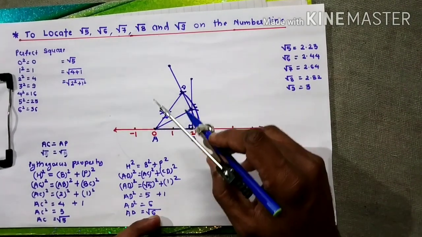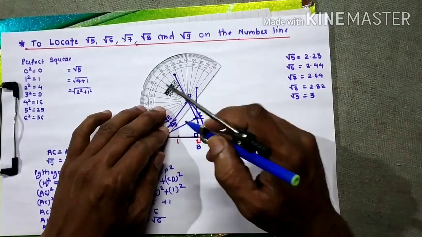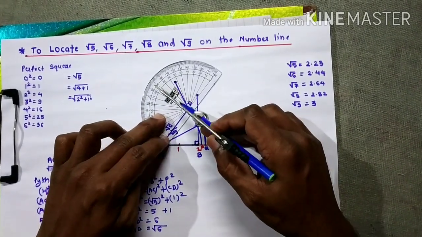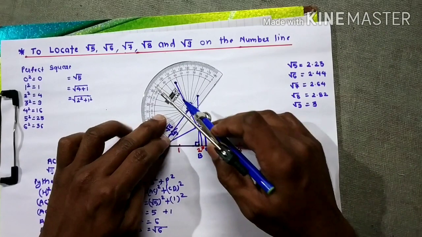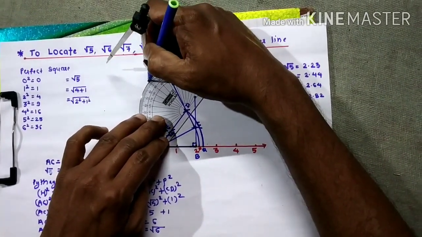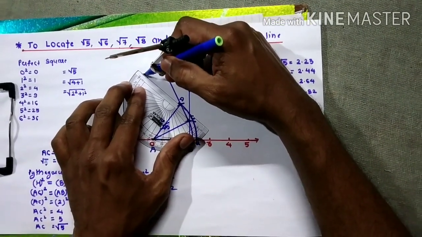Now let us locate root 7 on the number line. Now we have to choose base as AD and keep the protractor like this. We have to mark one point here like this, and next we have to join these 2 points.